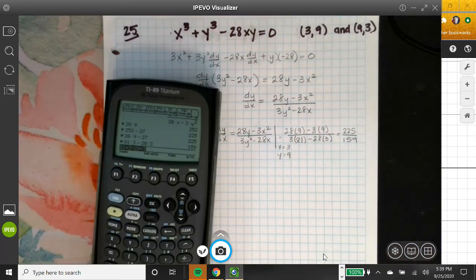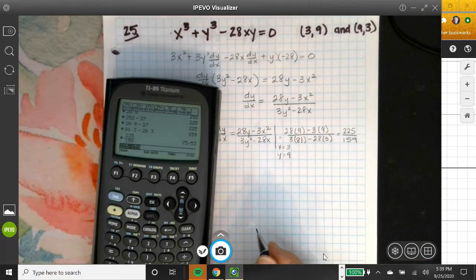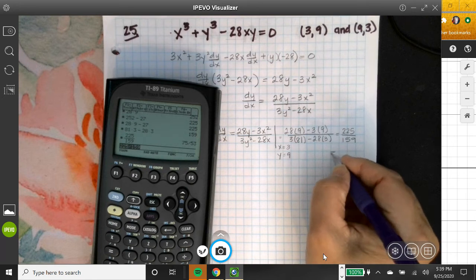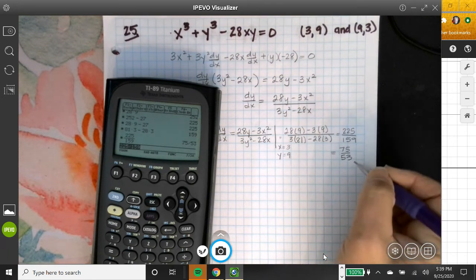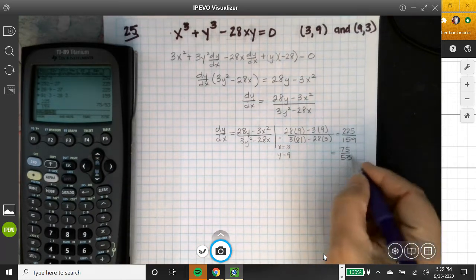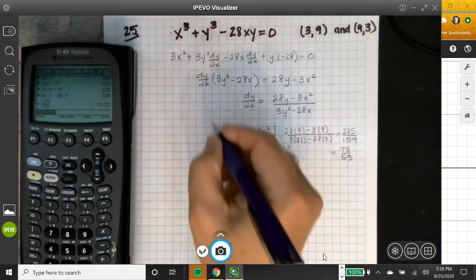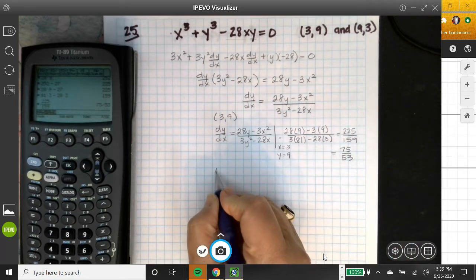And I think these are divisible by something. And it reduces to 75 over 53. So that's the slope at 3, 9. So let's find the slope at 9, 3.